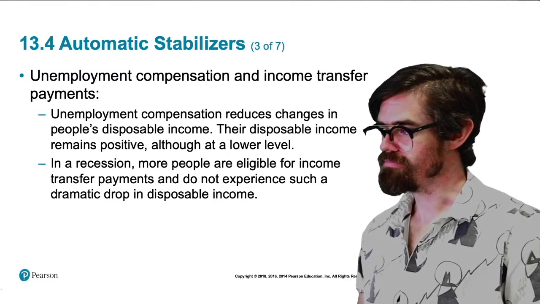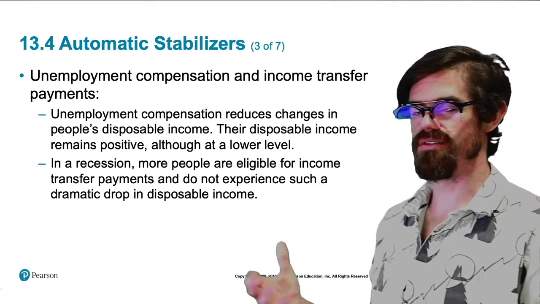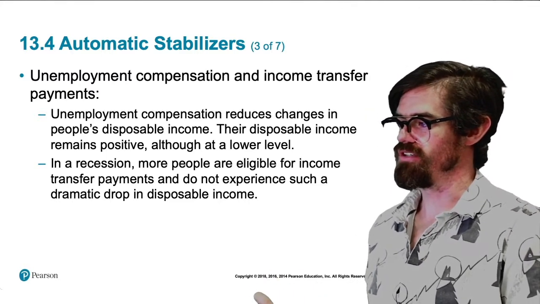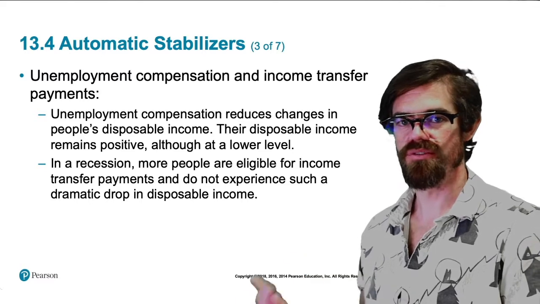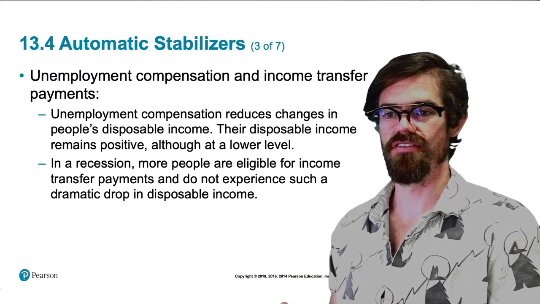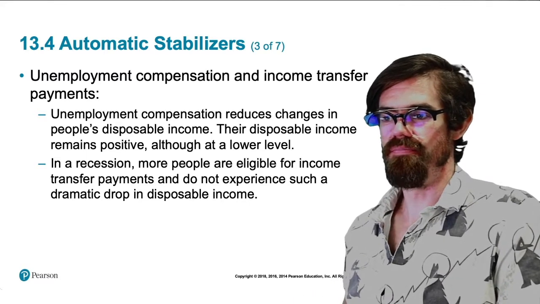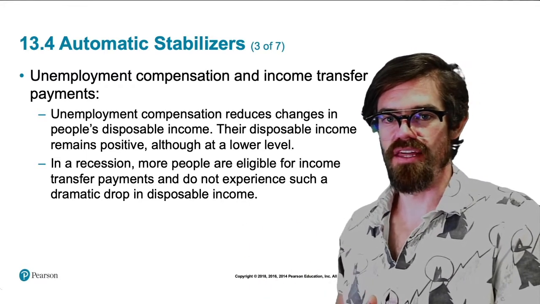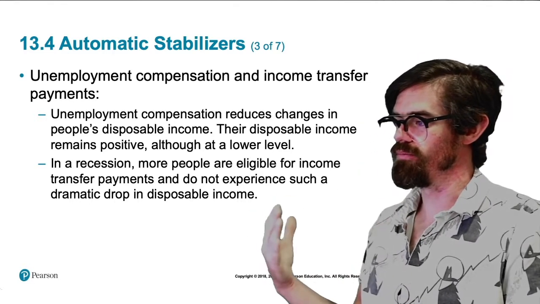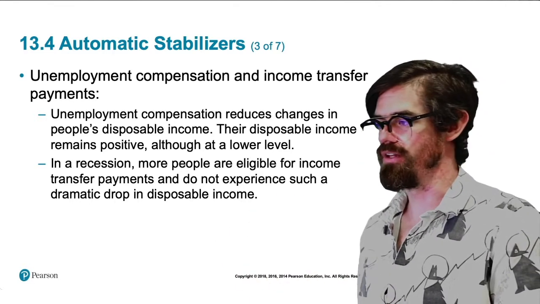So basically, again, to see how this is an automatic stabilizer, unemployment compensation reduces changes in people's disposable income, so that even though they may lose their job, they lose less income than they would have without unemployment insurance. And so their disposable income remains positive, although at a slightly lower level.